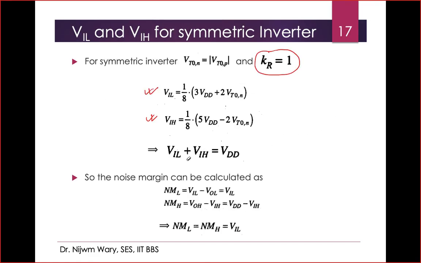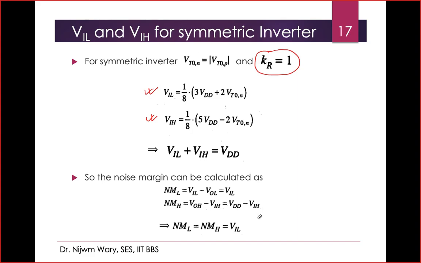That's why we have VIL plus VIH equal to VDD. And so the noise margin can be calculated again based on the definition of the noise margin. Noise margin for the logic low is VIL minus VOL. So this is VIL itself, because the VOL is 0. And noise margin for the logic high is VOH minus VIH, and we know that VOH is VDD, so it's VDD minus VIH.